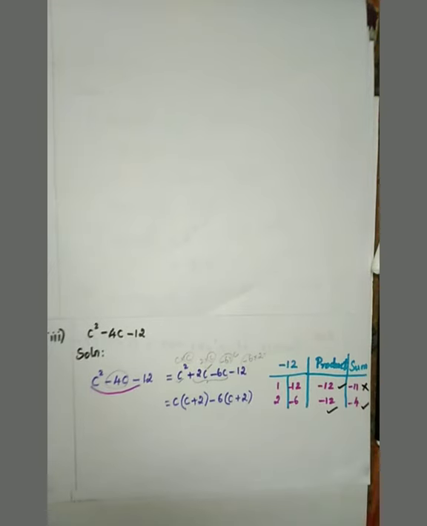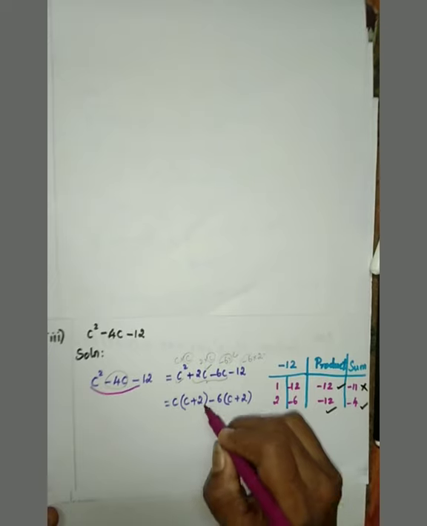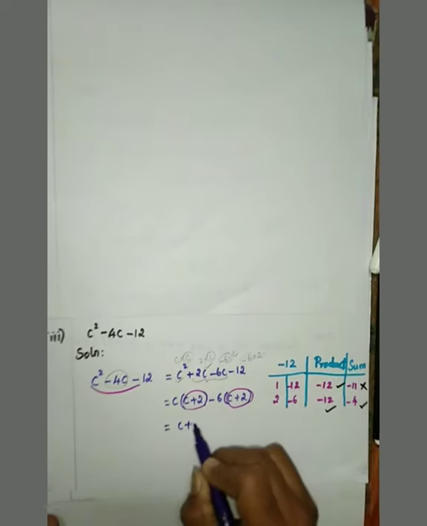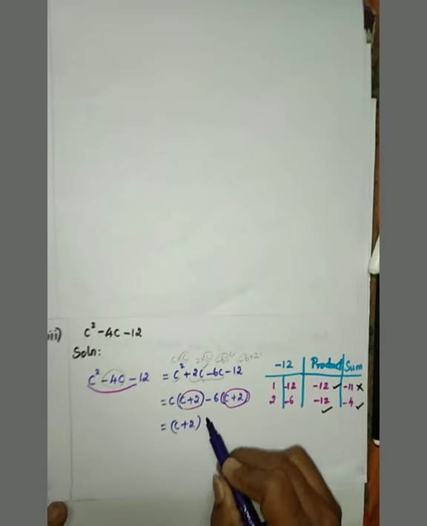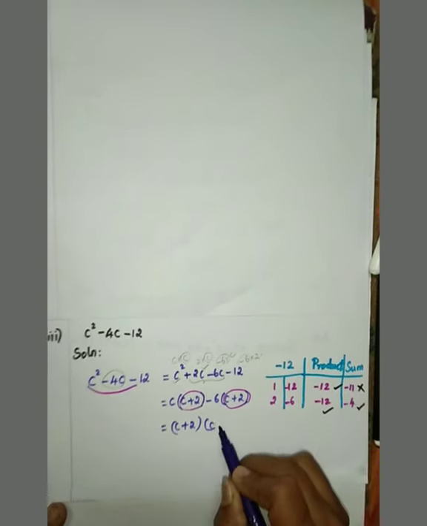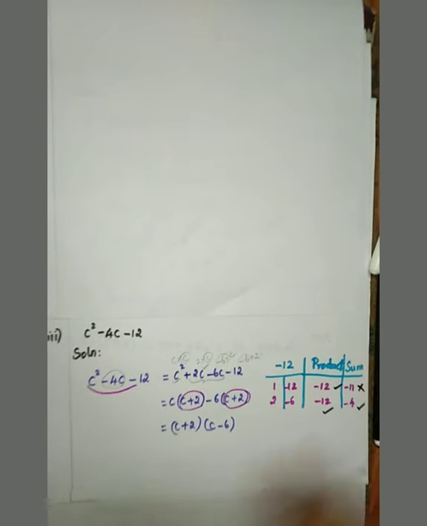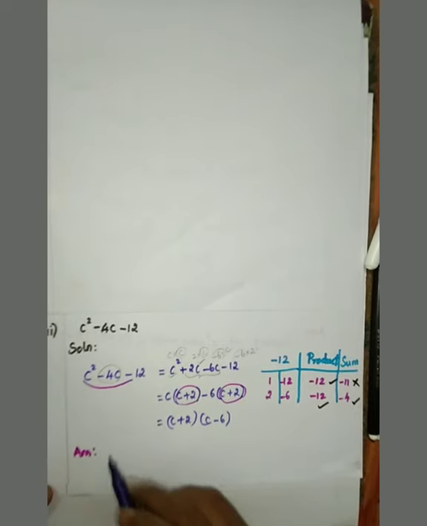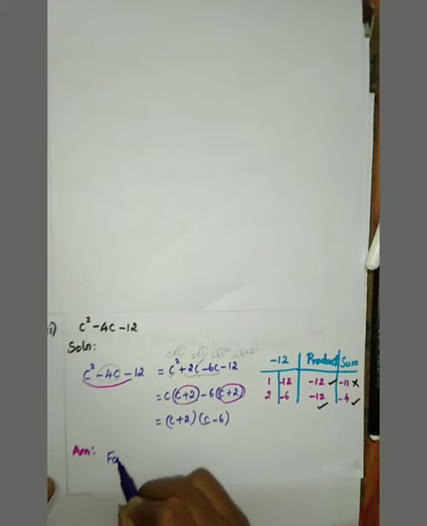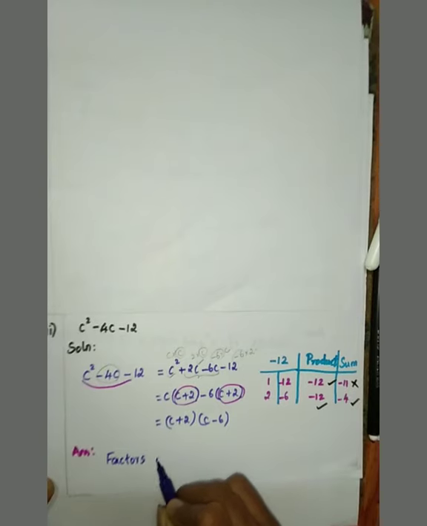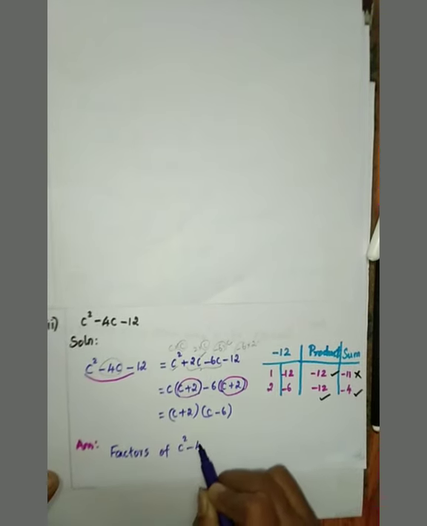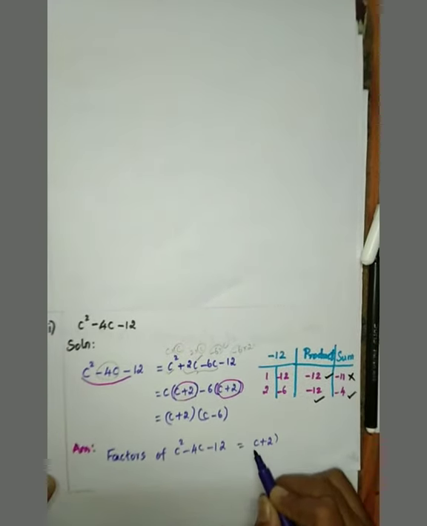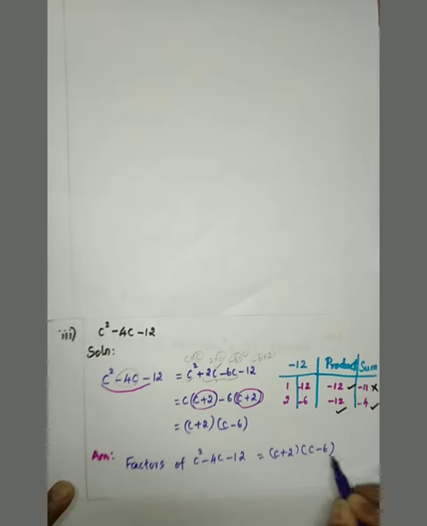Now c plus 2 is common. You can take c plus 2 outside into the remaining term c minus 6. Therefore, the answer: factors of c square minus 4c minus 12 equal to c plus 2 into c minus 6.